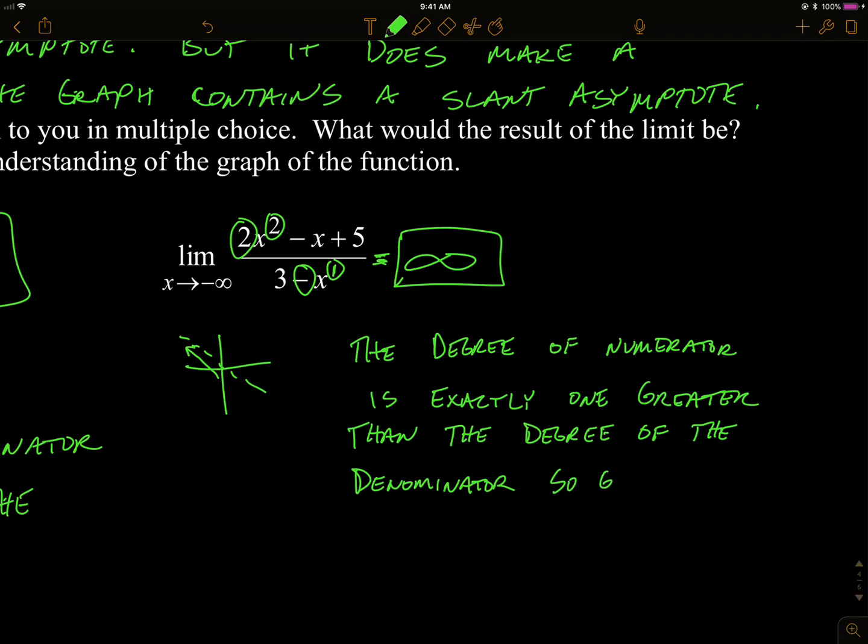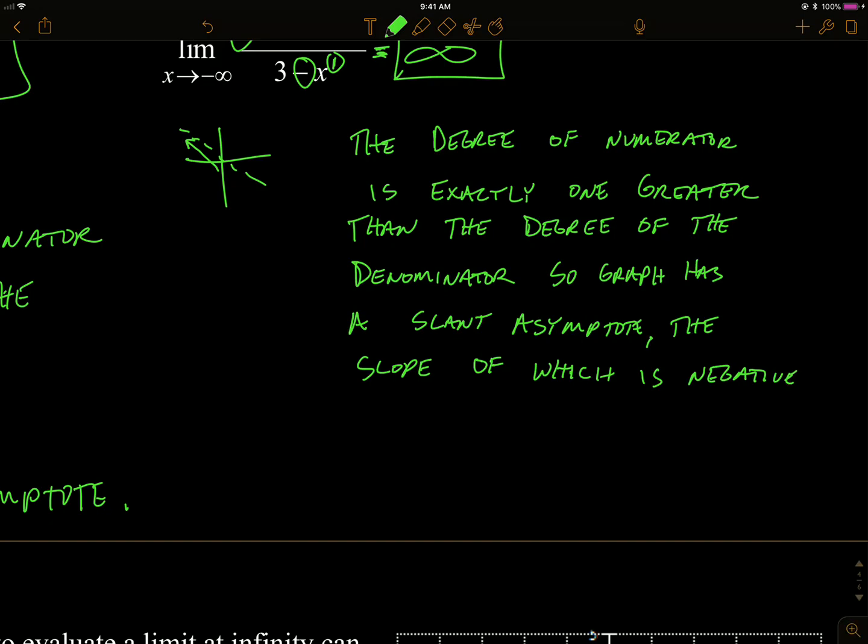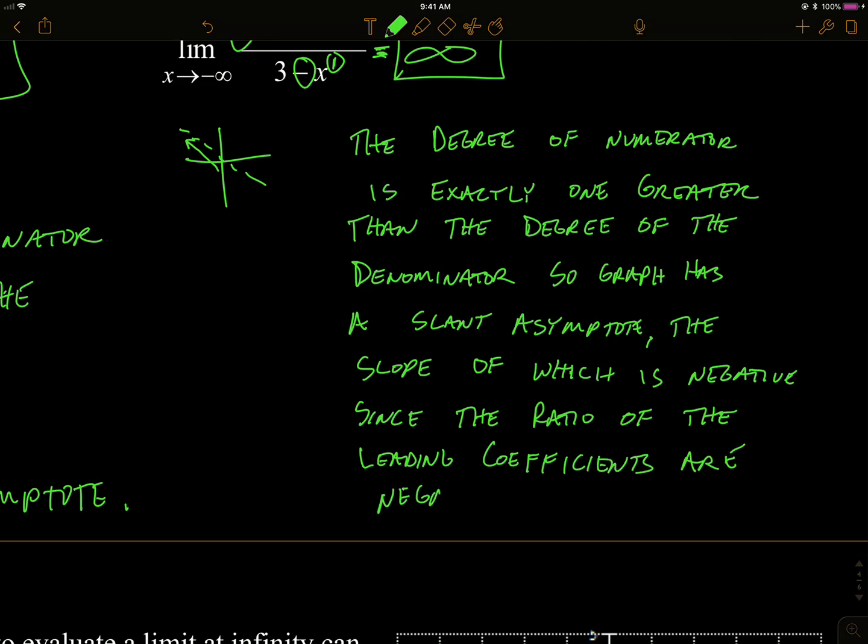So the graph has a slant asymptote, the slope of which is negative, since the ratio of the leading coefficients is negative.